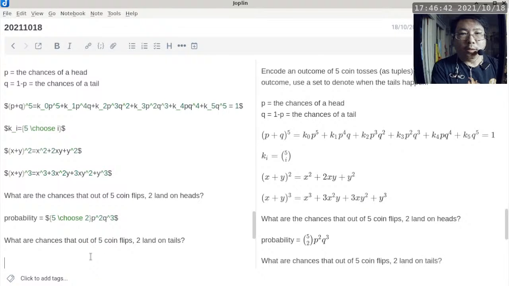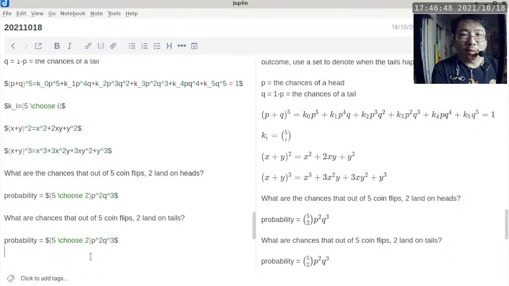So you go like, oh, that's pretty easy, because all we have to do is copy, paste, and modify. Because that means we have 3 landing on the head and 2 landing on the tail. And if a coin is not loaded, then these 2 would be the same. Does that make sense?